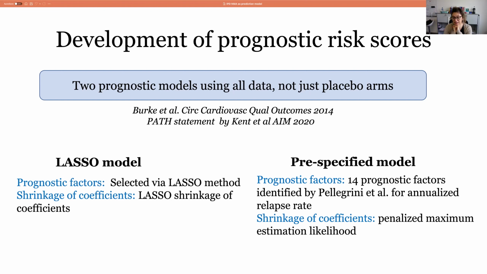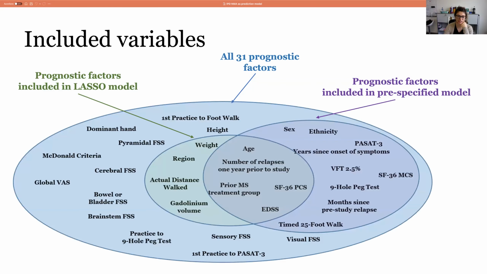As an alternative, we use the pre-specified model, where we only enter the 14 prognostic factors that were previously identified in a prognostic model by Pellegrini and colleagues. They had as outcome the annualized relapse rate, but we thought it is reasonable that the same 14 prognostic factors also predict the relapse rate at 2 years. And we use penalized maximum likelihood estimation for shrinking the coefficients.